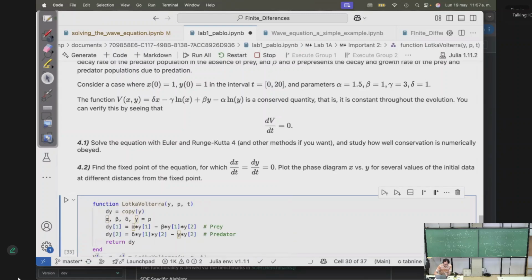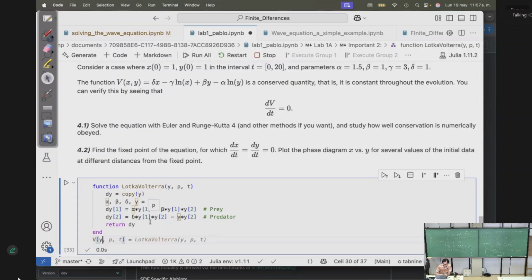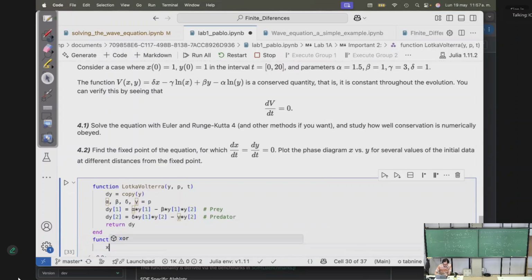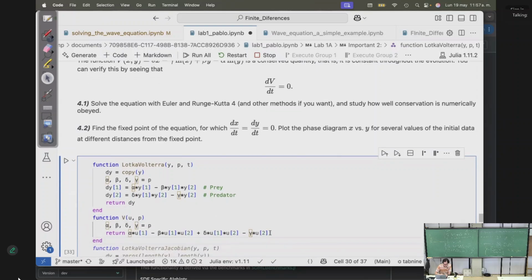V of x, y, because the solution is already a function V of u. We will define some parameters p here, and okay, let's try to do it.